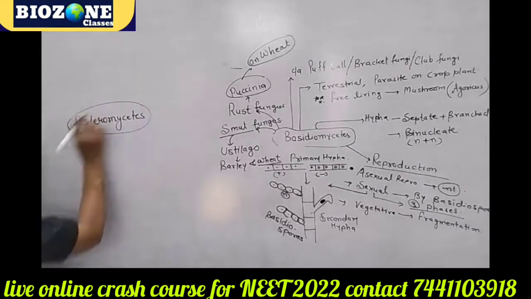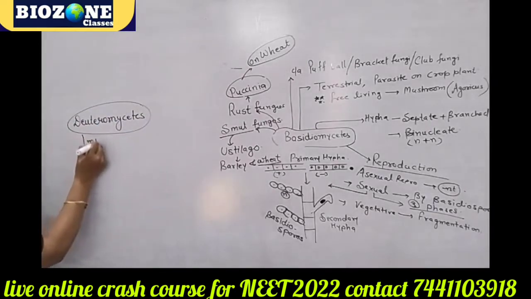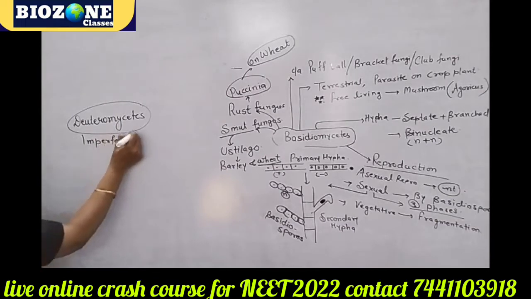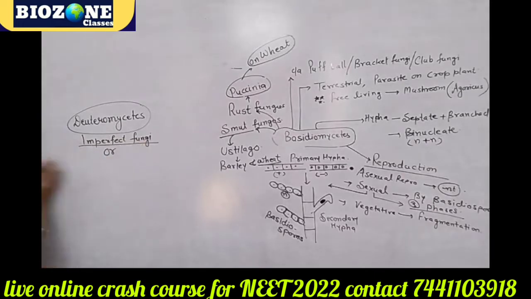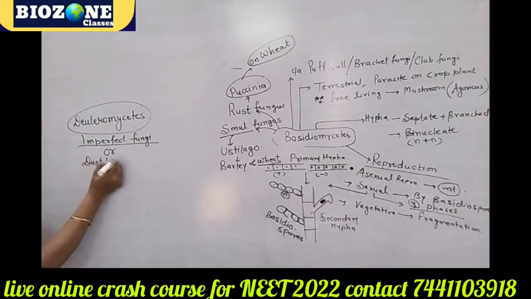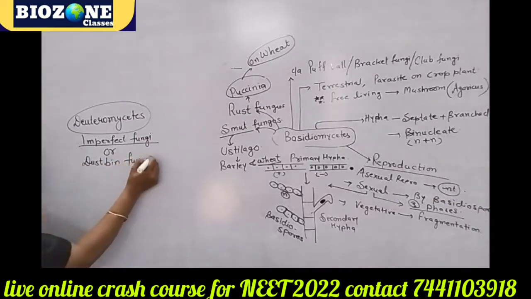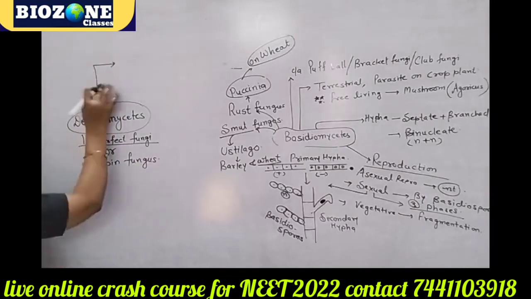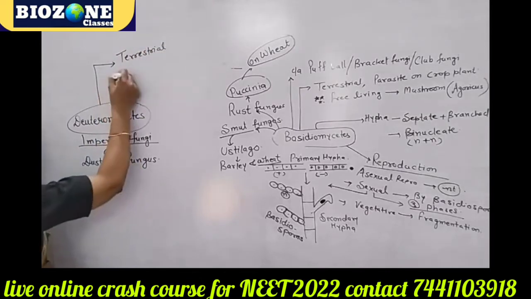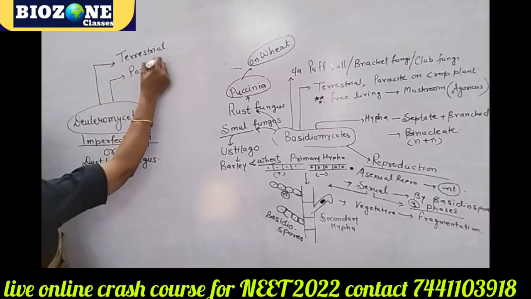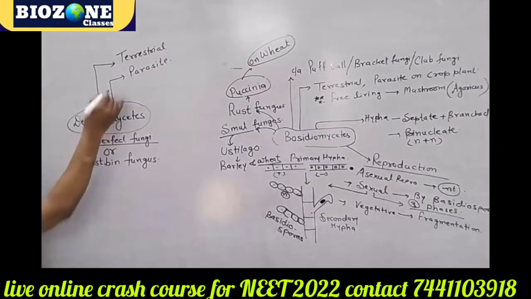Deuteromycetes, commonly called imperfect fungi, is also called dustbin fungus. Again, terrestrial parasite.